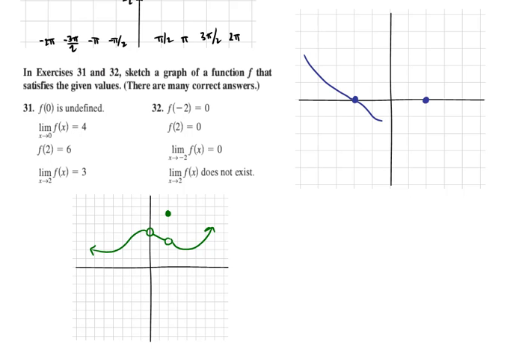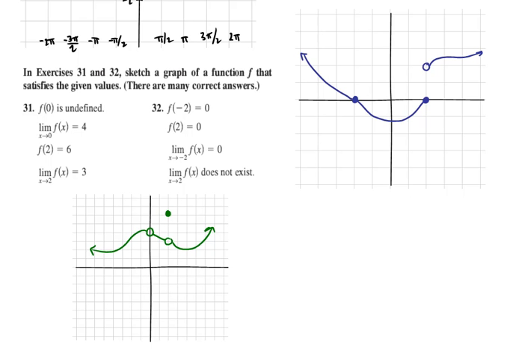So I'll continue my one line right on into x equals 2, y equals 0, and in order for the limit not to exist there, I just need to have a jump there or have differing behavior from the left and the right. Now because this is a function, I can't have one x value having two y values, so I have to put an open circle there up at y equals 2 when x is 2, and then just continue the graph off to the right.